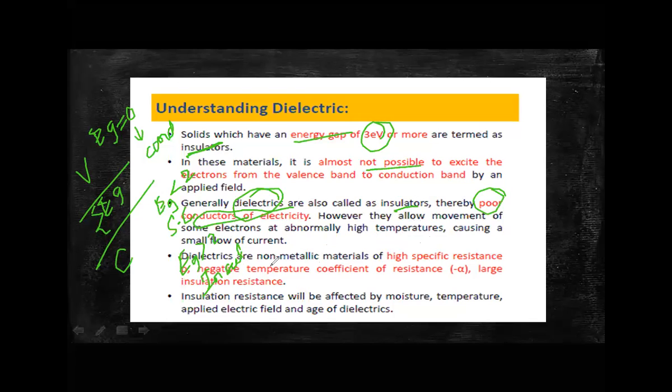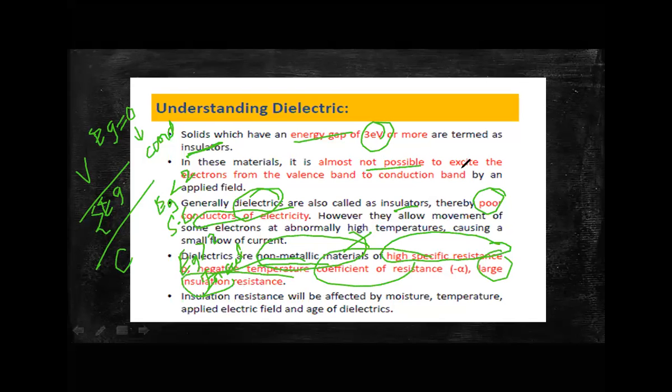Dielectric materials are also important for competitive exams. Dielectrics are also non-metallic materials. That means they are not metals. What do they have? They have high specific resistance, a negative temperature coefficient of resistance, and a large insulation resistance.